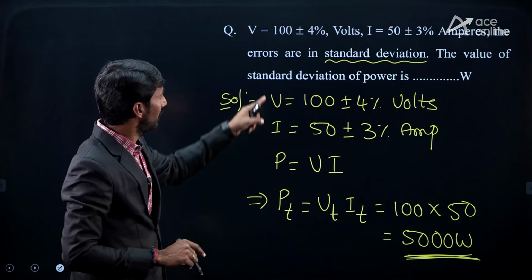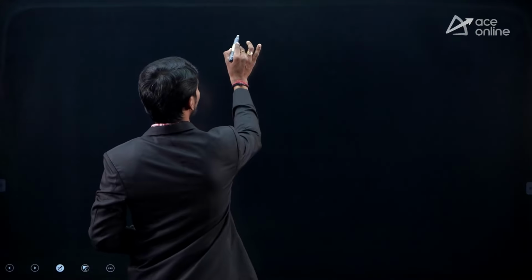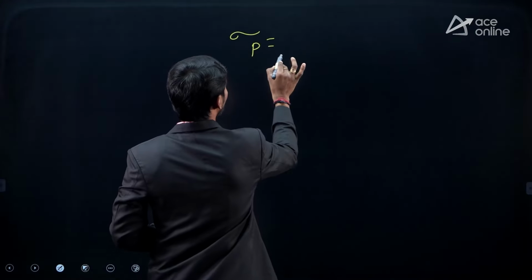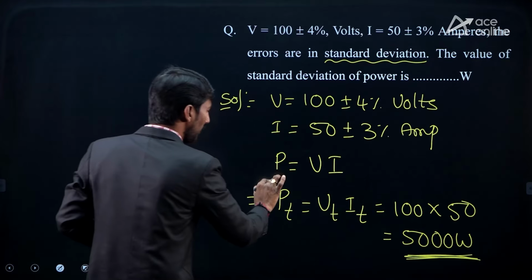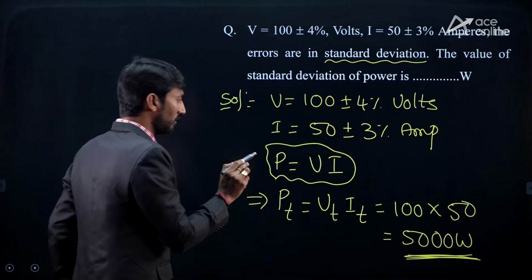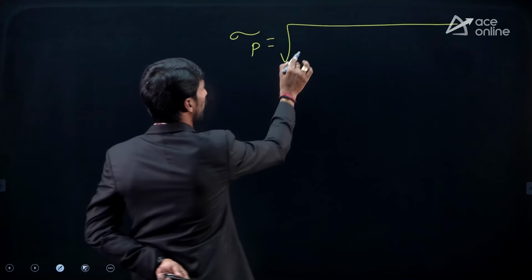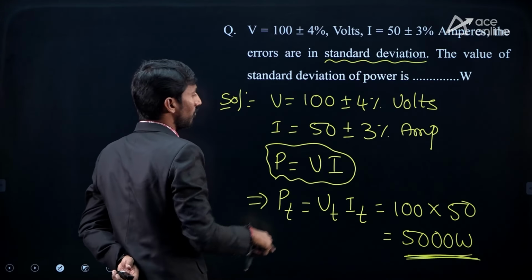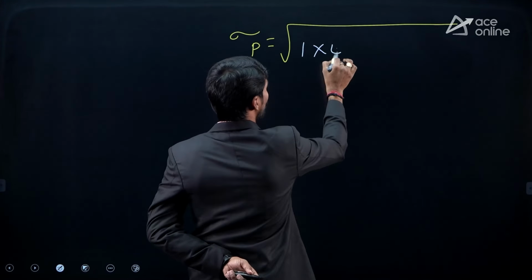But what are they asking? Standard deviation in the power. So what is the procedure? We know the corresponding procedure, P is equal to V into I. I told this method in the class. What is the power of V? 1. So 1 into, what is the voltage related percentage error? 4.